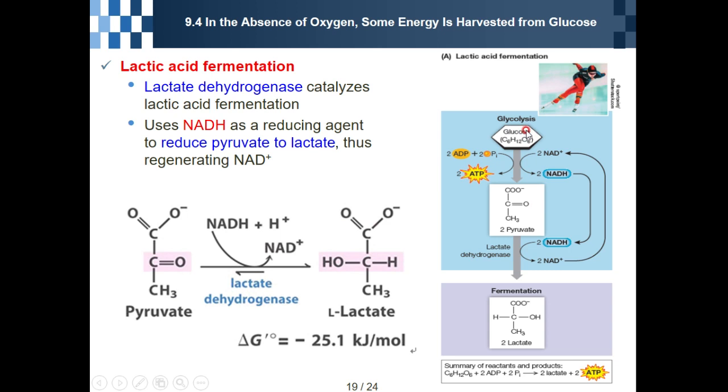During glycolysis, one molecule of glucose is changed to 2 pyruvate. We already know that. During that time, 2 ATP are synthesized and 2 NADH are synthesized. And this pyruvate is changed to lactate. This is the lactate structure. This is the oxidized form, and this is the reduced form.